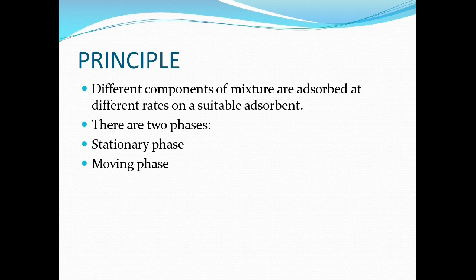The moving phase is the phase which will move on the stationary phase. It means the stationary phase is just like a path on which the moving phase will move. The moving phase will be the solvent we take to perform this activity and the components of the mixture which will move on our filter paper.